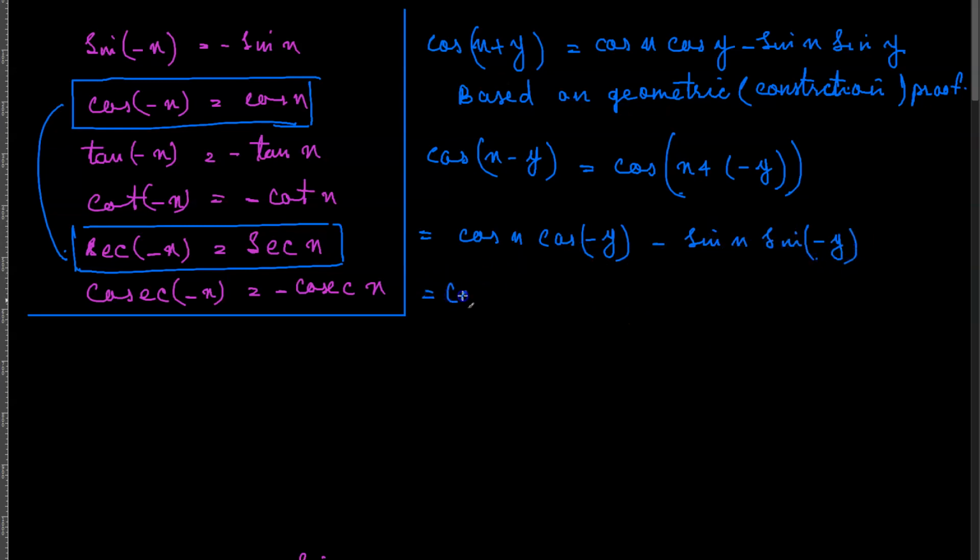Now we know that cos of x remains cos of x, cos of negative y is equal to cos of y, and sine of x is sine of x, and sine of negative y is negative sine y, which means that that is cos x cos y, negative into negative is positive, plus sine x sine y.